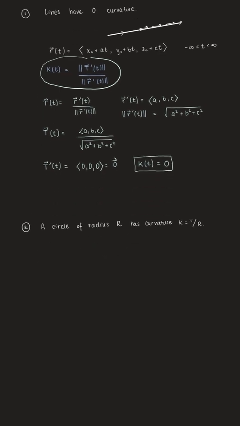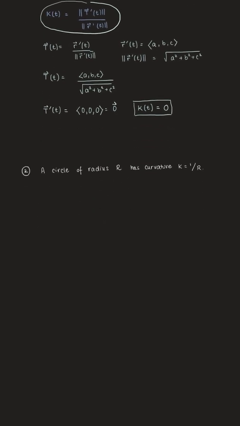Now, let's take a look at a parametrized circle. Let's suppose that we have a circle with radius r, centered at the origin. This will be r cosine t, going in the counterclockwise direction, and r sine t, and we're just looking at a circle in 2 dimensions.